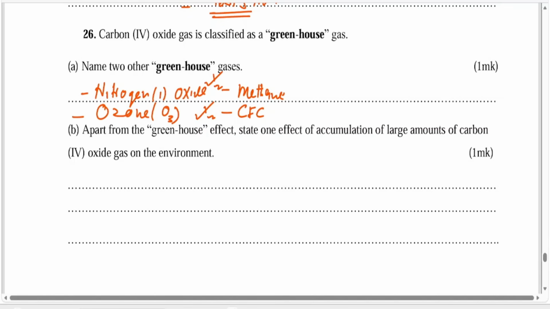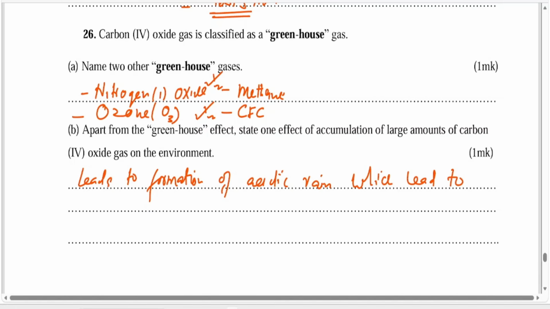So this one may lead to formation of acidic rain, which leads to death of aquatic and also terrestrial life. So this gives you 1 mark.